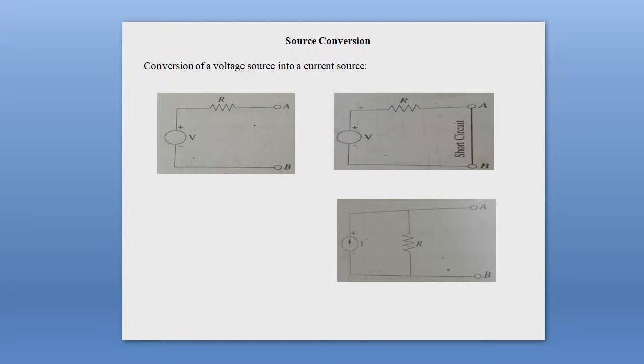First step is to apply a short across the open terminal, I mean A and B. After that, you calculate the current according to Ohm's law, which will flow through this short path, and then you consider a current source having a current of V by R and place a resistance in parallel with the current source. Then you will get the equivalent current source of the given voltage source.